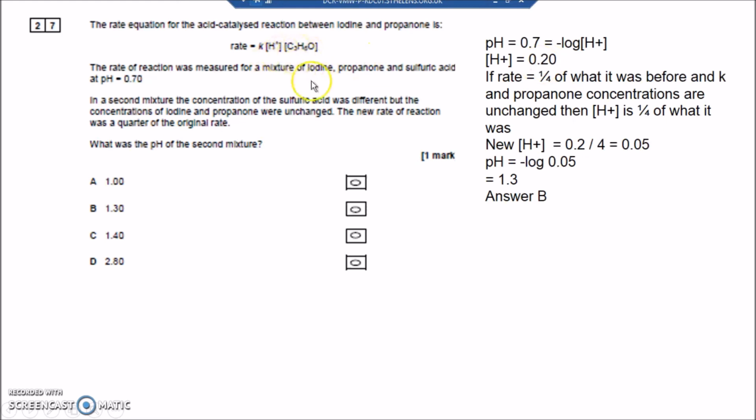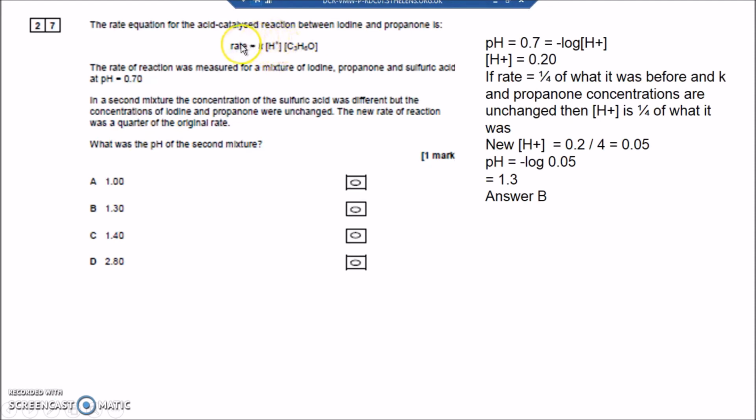Now then, it says nothing changes. In the second mixture, the concentration of sulphuric acid was different, but the concentration of iodine and propanone were unchanged. So this concentration isn't changed. Assuming that the temperature hasn't changed, then the rate constant won't change.